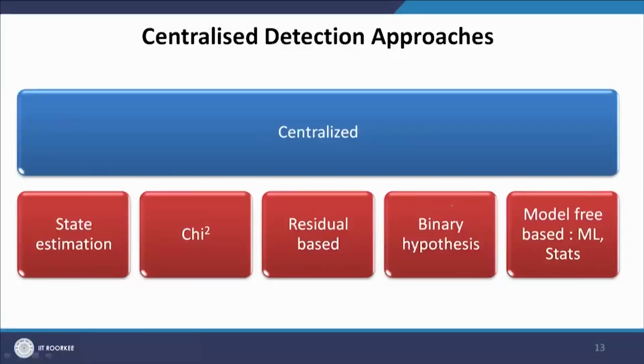So, probably there are two kinds of arrangement, one is centralized as well as decentralized mechanism that can be adopted for cyber anomaly detection, and most of the centralized detection approaches are either through state estimation, chi-square method, residual based method, binary hypothesis, and model free based ML and statistics.